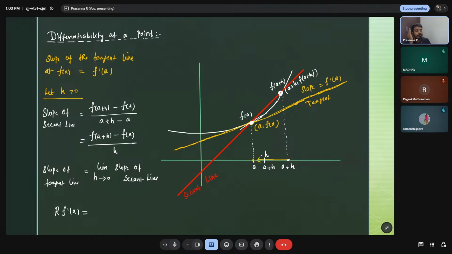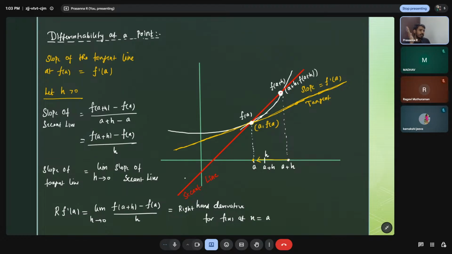Because I have taken h to the right of a. So R of f dash of a is the limit as h tends to 0 of f of a plus h minus f of a divided by h. This is called the right hand derivative for the function f of x at x equal to a, right?